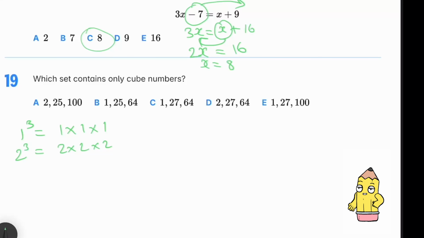So if we're looking for a set that only contains cube numbers, then we know 1 is a cube number, 3 will be a cube number, which gives us 27, and 4 is a cube number, which gives us 64. So C is our answer there.